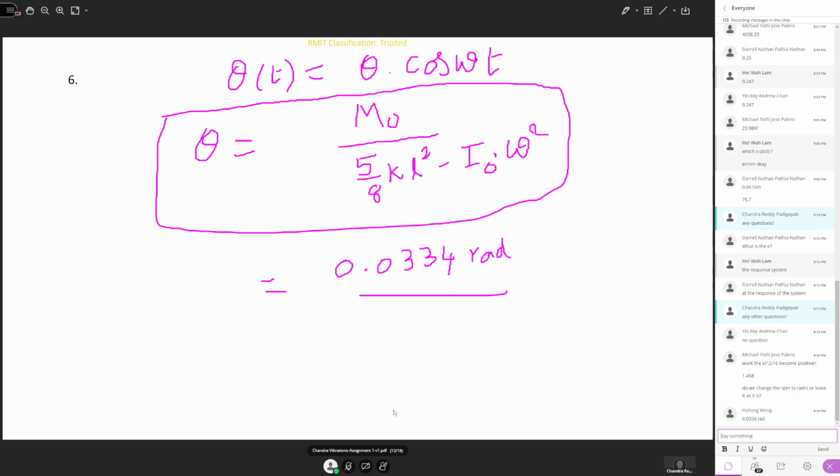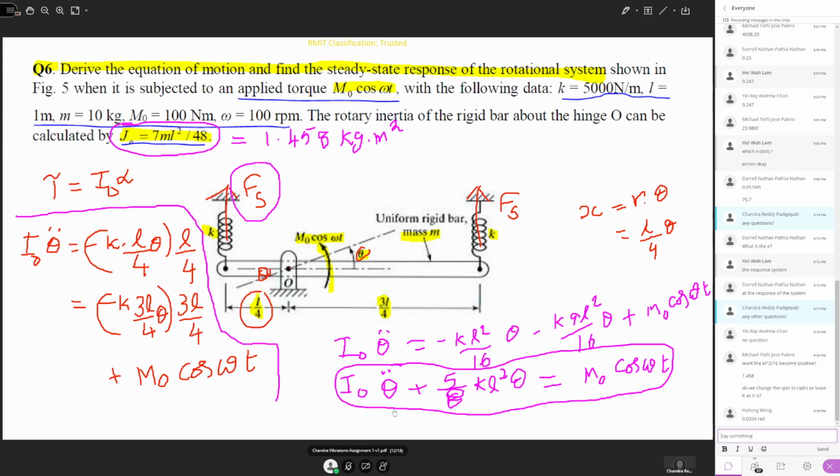You have to convert this omega, 100 RPM, into radians per second. One rotation is 2 pi radians, so multiply with 2 pi. Then divide by 60, to convert from rotations per minute into rotations per second.